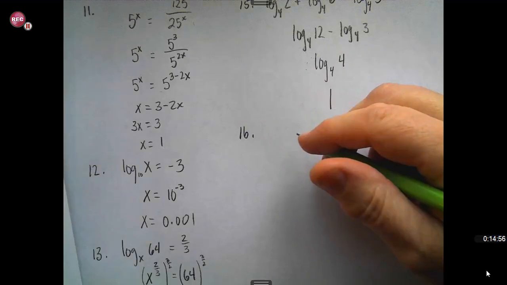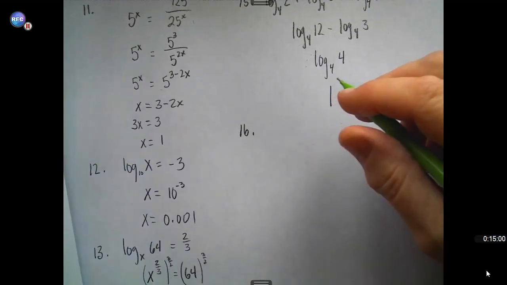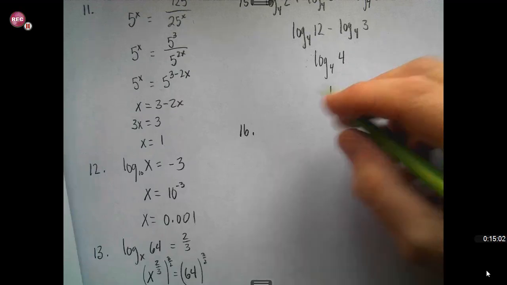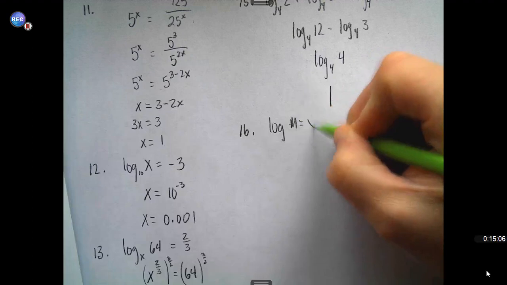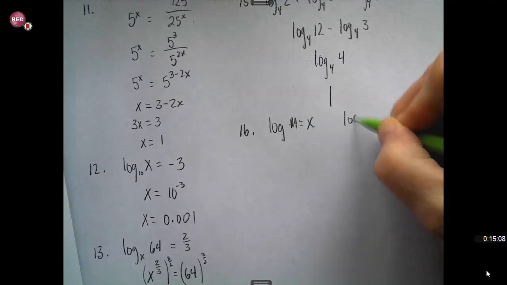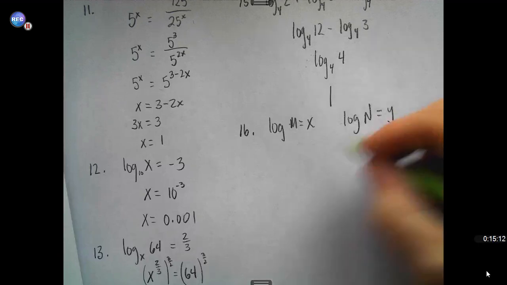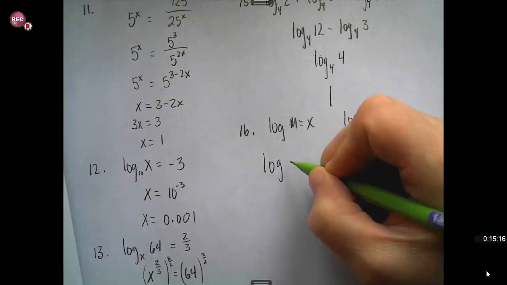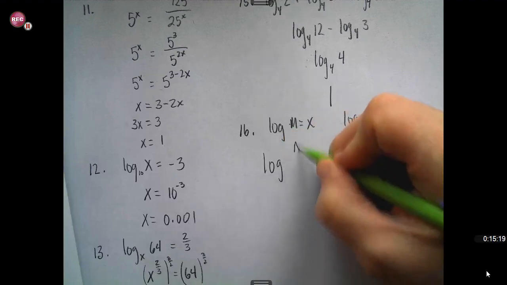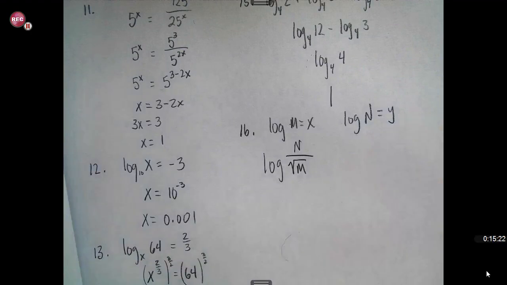16. It's telling me that log m equals x and log n equals y. So I'm supposed to express log of n over the square root of m in terms of x and y.